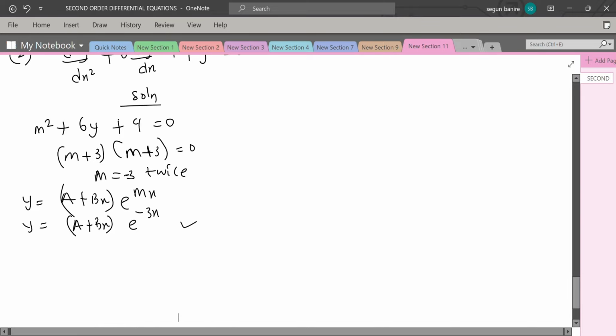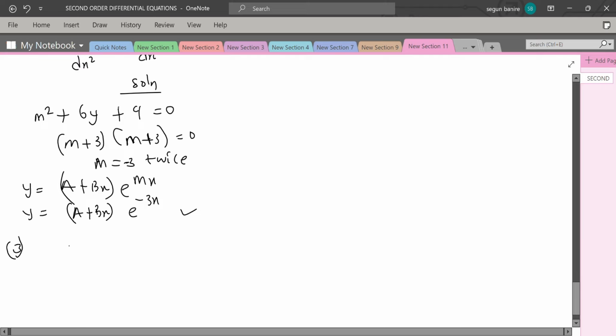So let's solve the last example under this. If I have y double prime minus 2y prime plus 10y equals 0, the auxiliary equation is m squared minus 2m plus 10 equals 0.